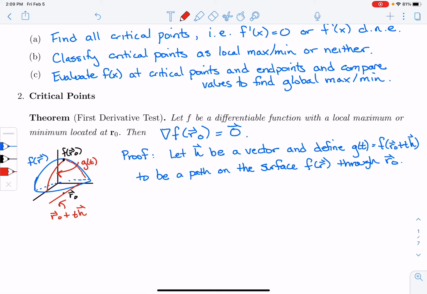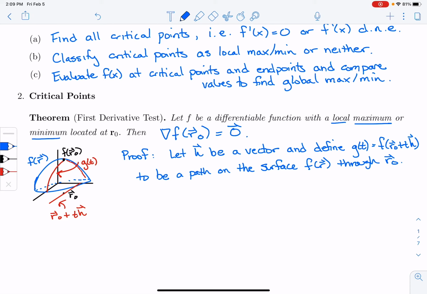Now, that path is going to go through the point r0, and r0 is going to be a point where the local maximum or minimum is located. So here I've drawn it as a local maximum.